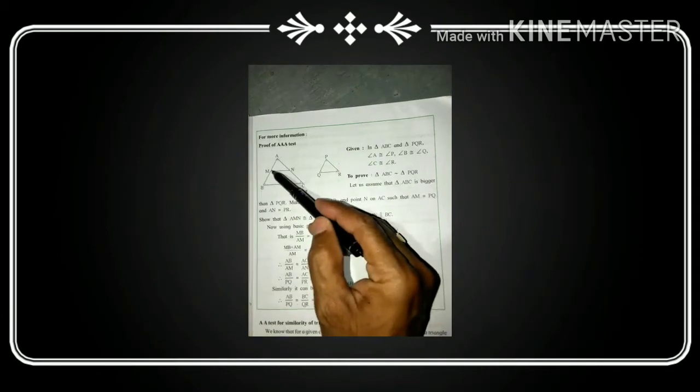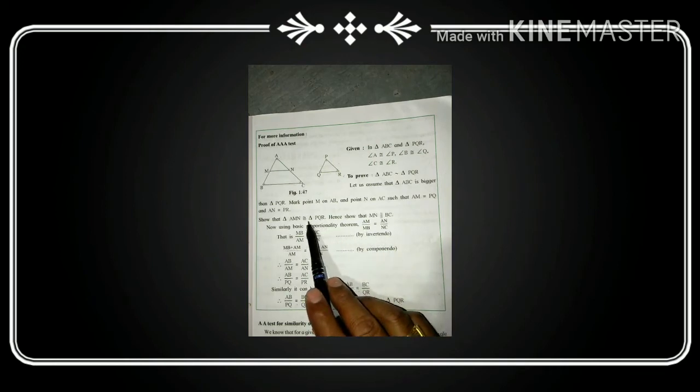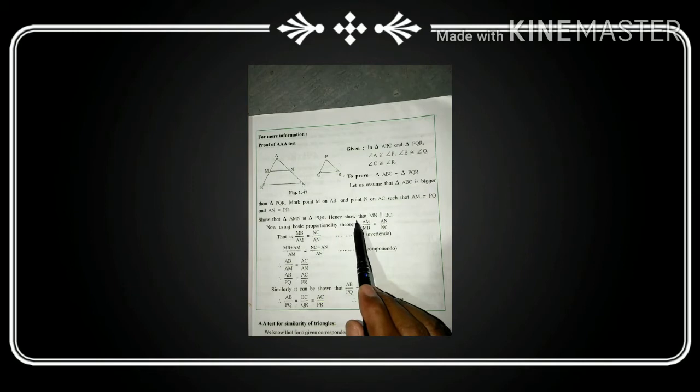Suppose triangle ABC is bigger than triangle PQR, and they will be in such a way that point M is on side AB and point N is on side AC such that AM is equal to PQ and AN is equal to PR. Now show that triangle AMN is congruent to triangle PQR, and hence MN is parallel to BC.